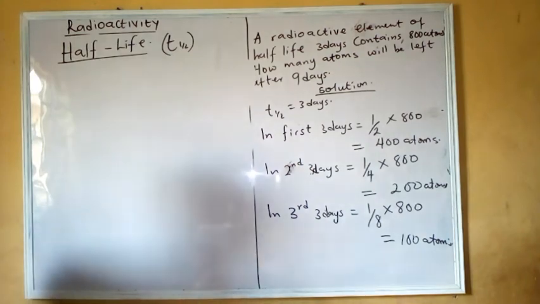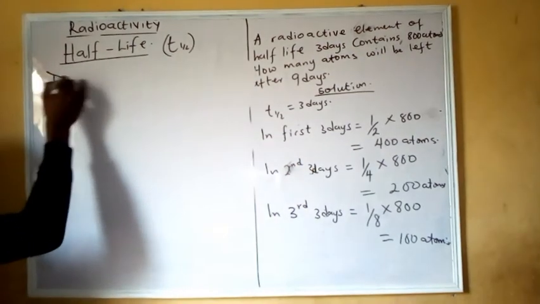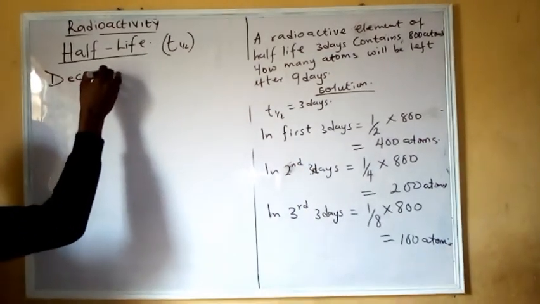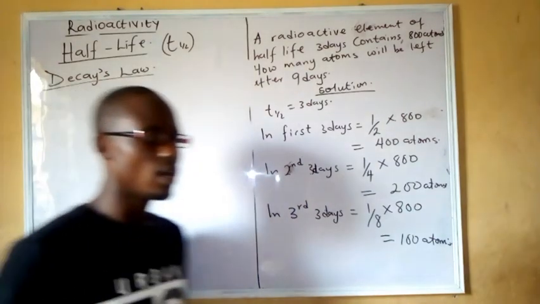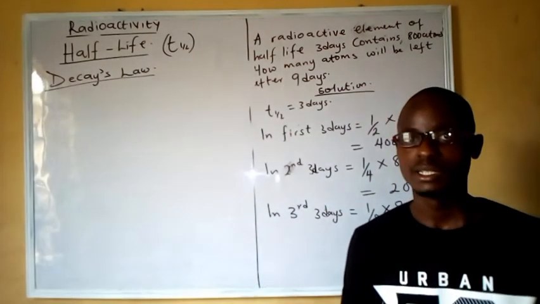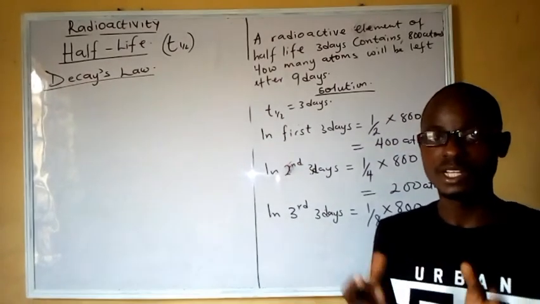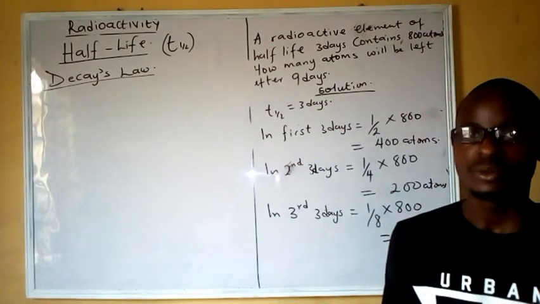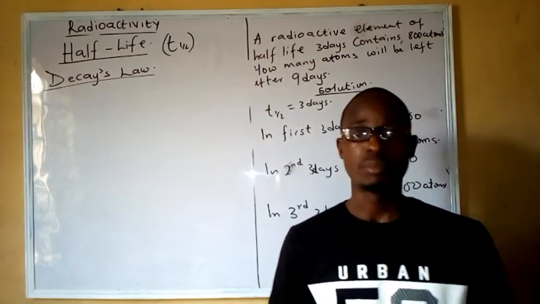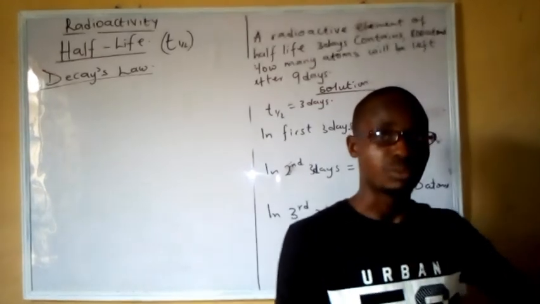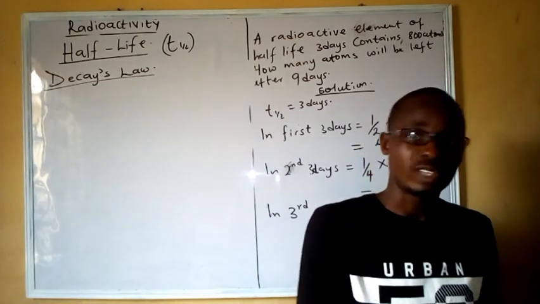Which is the Decay's law. It was noticed that the rate of disintegration, that means the rate at which atoms of an element disintegrate, depends on the number of atoms present; it is proportional to the number of atoms present.